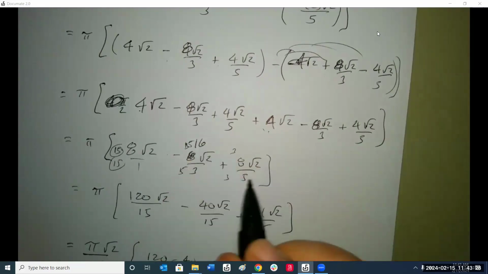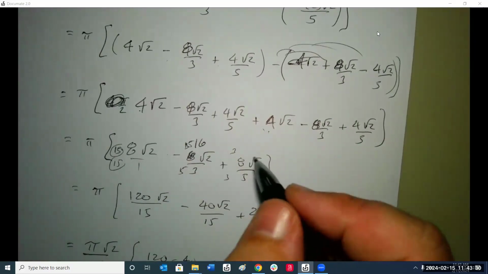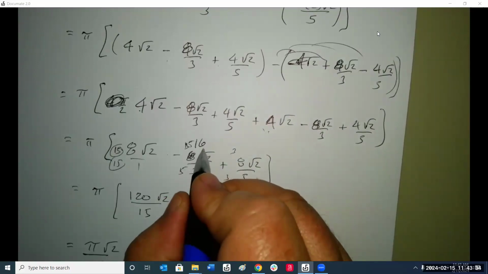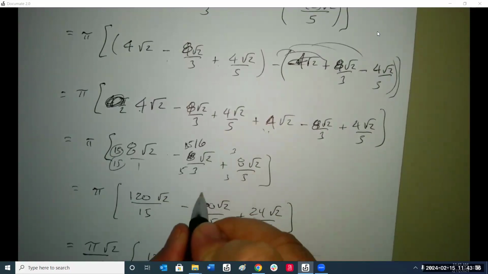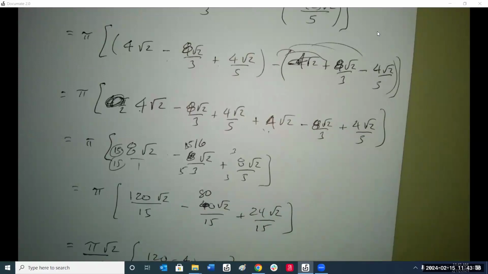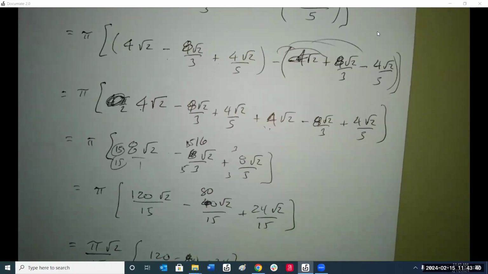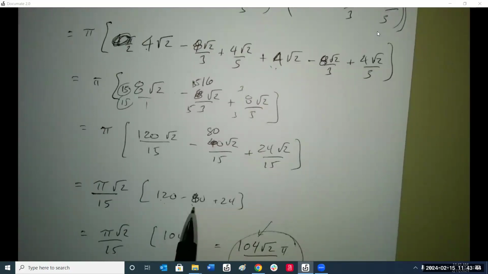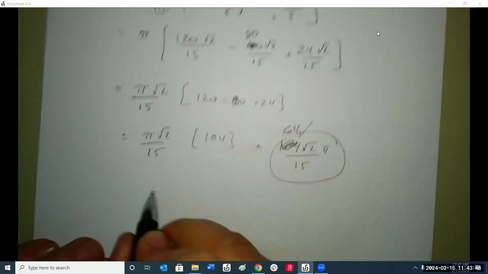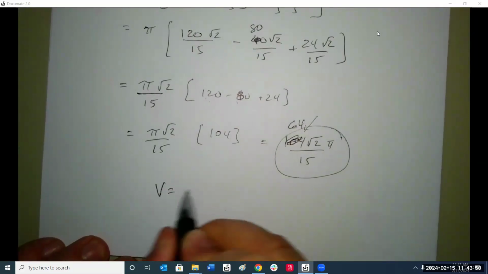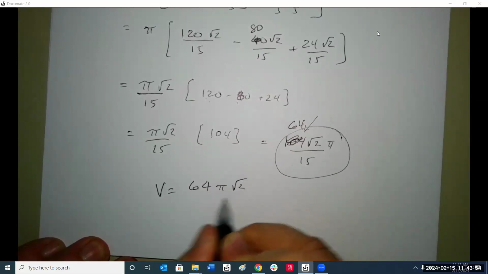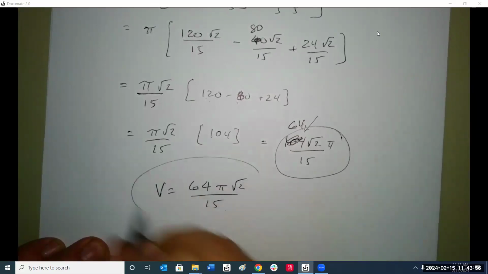So it should be a 16. 16 times 5 is 80. 120 minus 80 is 40, so it's 64. The answer is 64 pi radical 2 over 15. Yes.